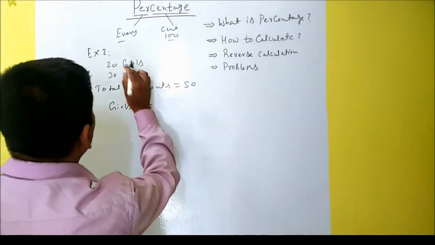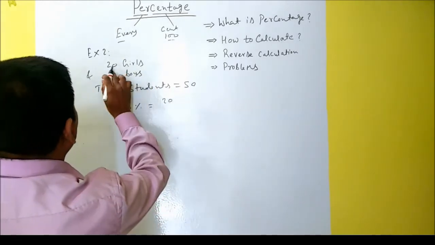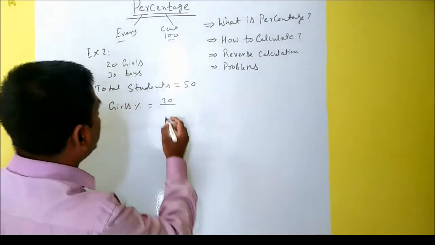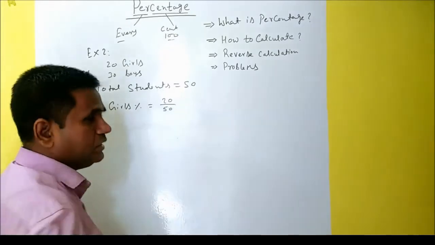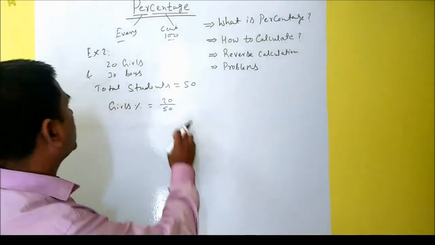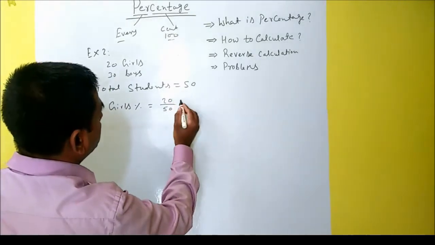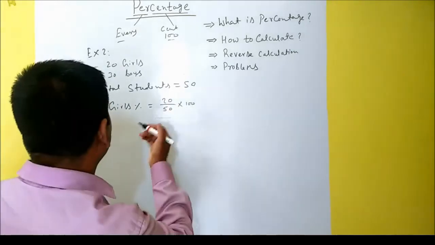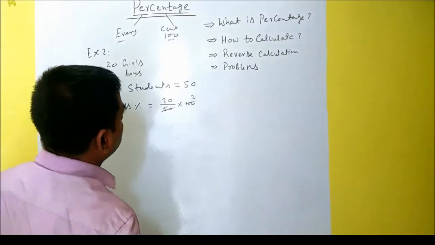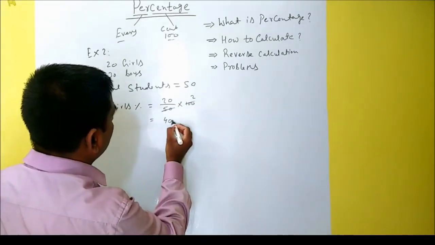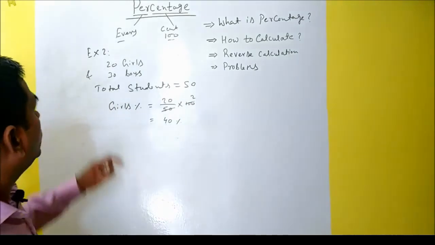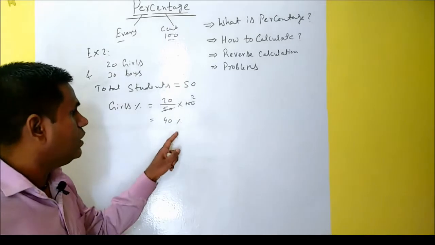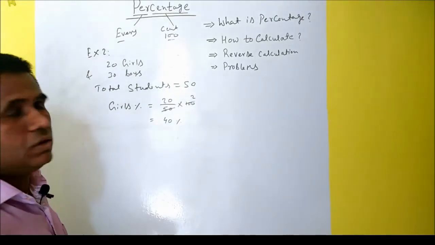We write the total number of girls, which is 20, out of the total number of students, 50. So 20 by 50 multiplied by 100 gives the percentage of girls. We can cancel it like this, and this becomes 40 percent. So in this class, where out of 50 there are 20 girls, we can say 40% are girls.